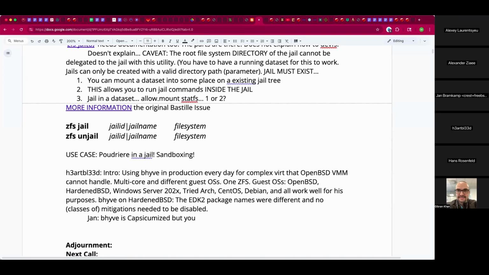With a jail, you get both: bhyve virtual machine security plus Capsicum plus a jail. Even if somebody escapes Capsicum, they still need to escape the jail. I'll get you a link from Chris Moore, who has done a bunch of that for the previous EuroBSDCon. He gave a great talk on it. So hold tight for that.